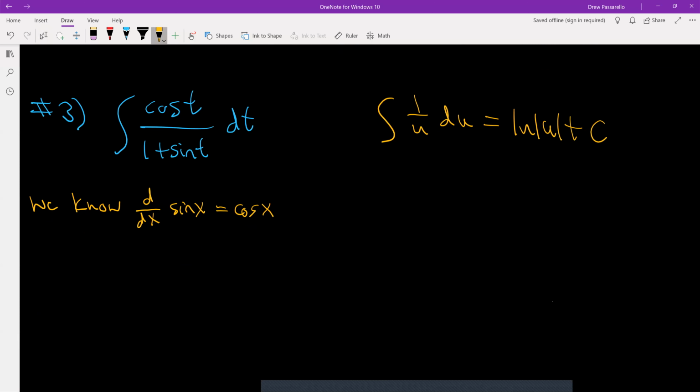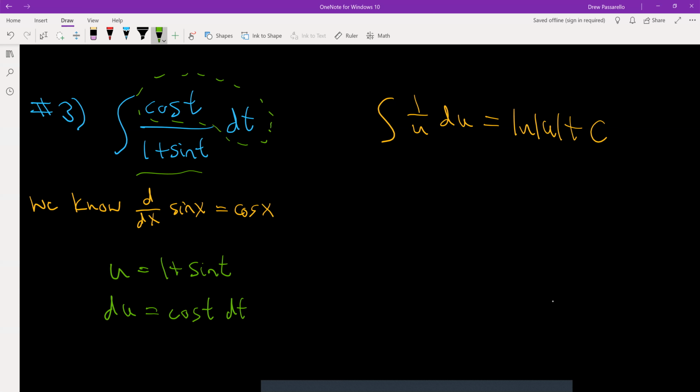So I'm going to let u be the denominator. So du, the 1 goes away, the derivative of sine is cosine, so that's cosine of t, and then I have to latch on my dt. So that's what I have. And the integral is cosine t dt, so that's my du.